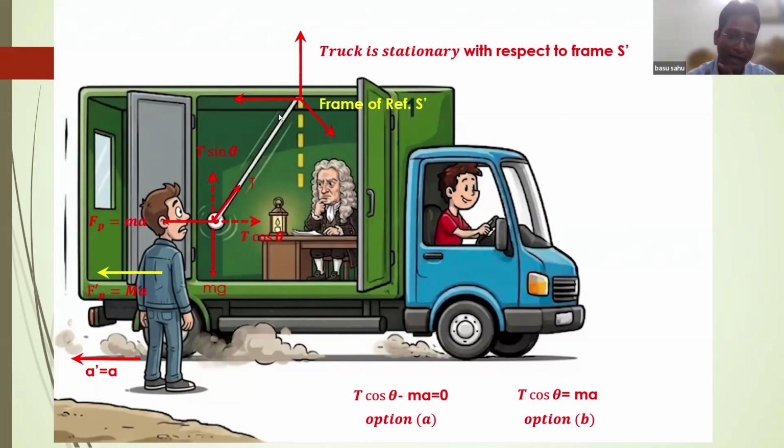It can move with respect to this frame S dash. Are we considering air resistance here? Not air resistance. Anything that can move with respect to the S dash frame, we have to apply the pseudo force concept. Whenever you are choosing something as a system, you have to apply pseudo force. That is the basic concept.